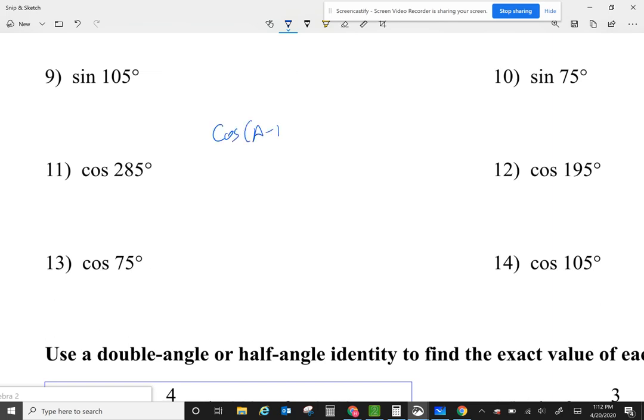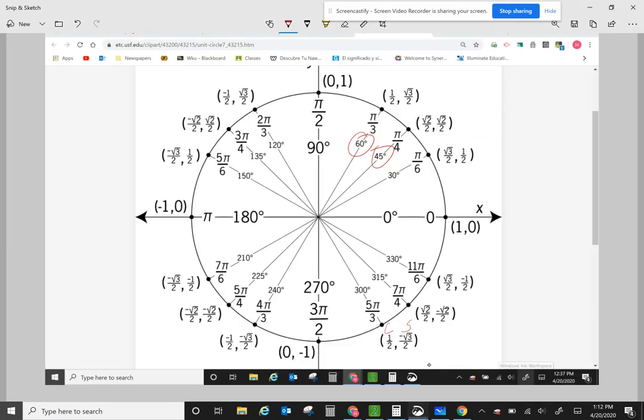I gave you the formula A minus B. Cosine of A minus B, I said it was going to be cosine of A times cosine of B plus sine of A times sine of B. For questions 11 and 12, I'm going to do the minus part. All right, two numbers, two degrees, that when I subtract them equals 285. The degrees I'm choosing is from here.